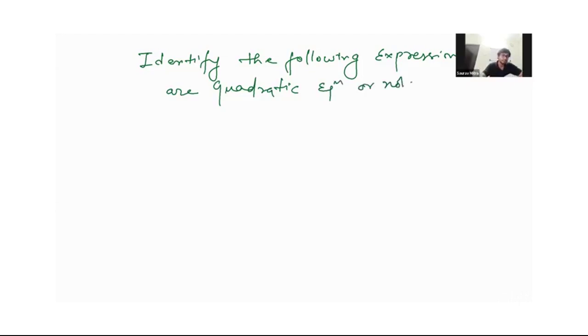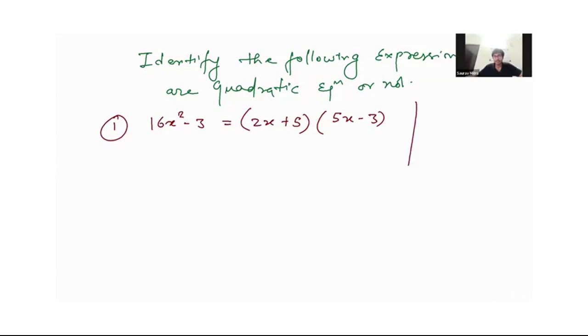For example, I have 16x² - 3 = (2x + 5)(5x - 3). Right now it is not in the ax² + bx + c = 0 form.